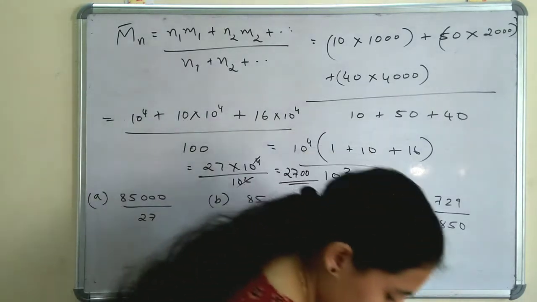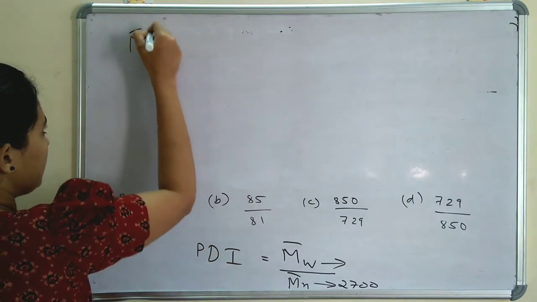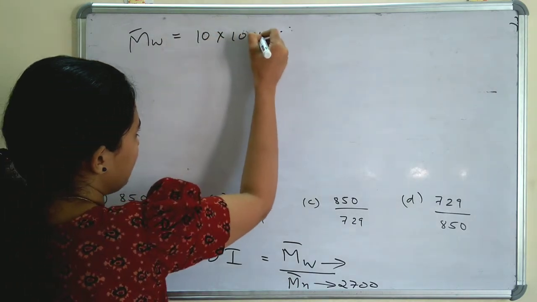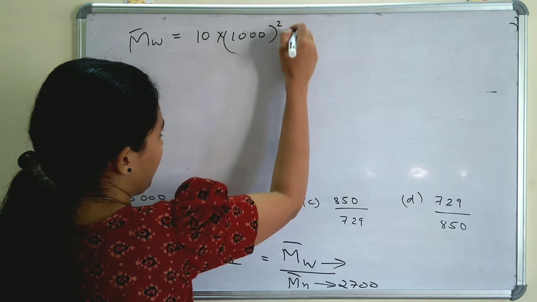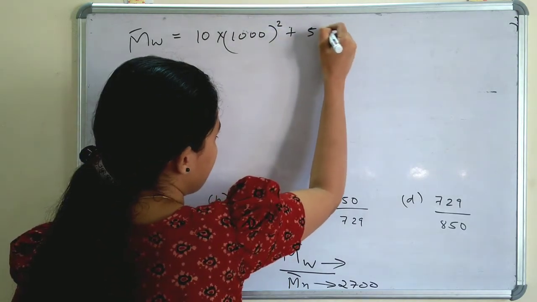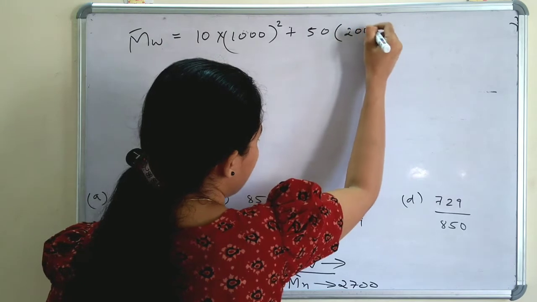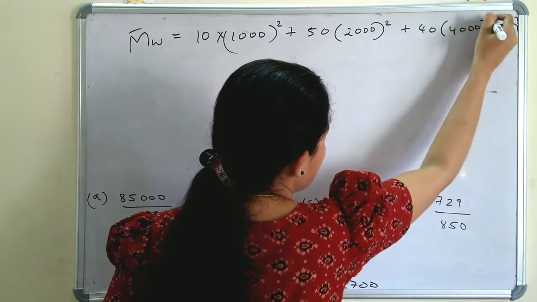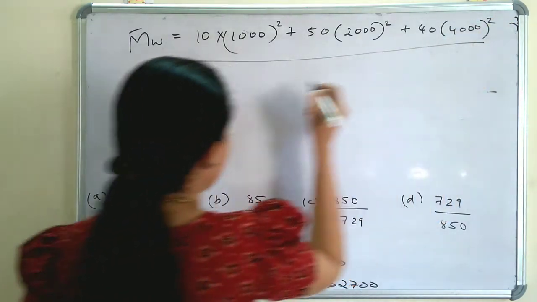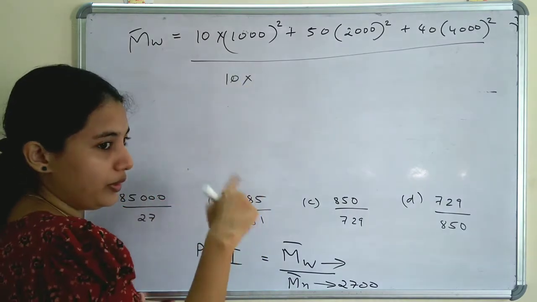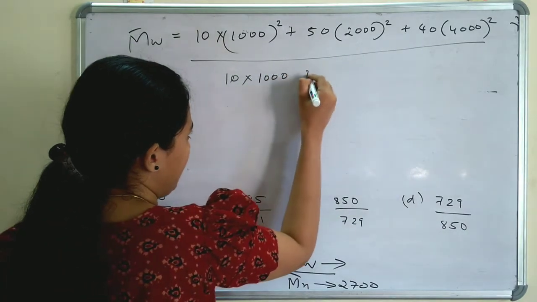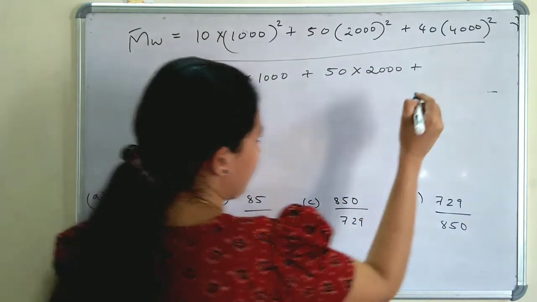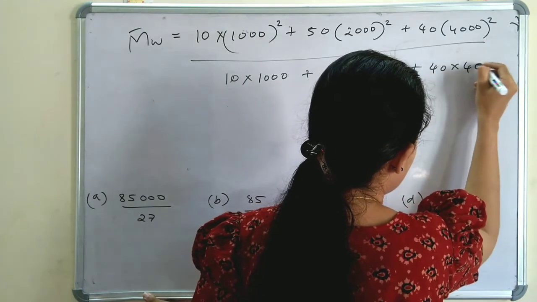So substituting values, M bar w equal to (10 into 1000) the whole square, plus (50 into 2000) the whole square, plus (40 into 4000) the whole square, divided by 10 into 1000 plus 50 into 2000 plus 40 into 4000.